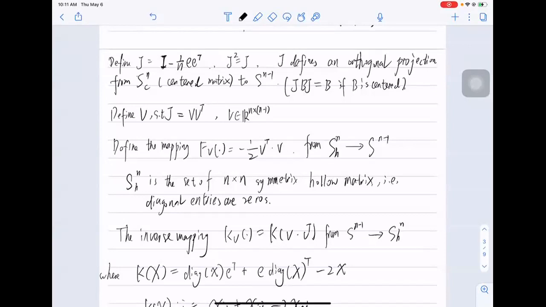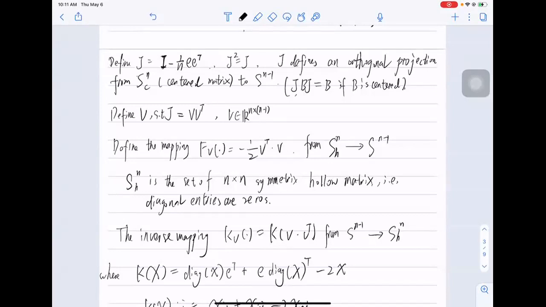So J defines an orthogonal projection from the symmetric matrix space onto the centered space. And we have J times B times J equals B if B is already centered.